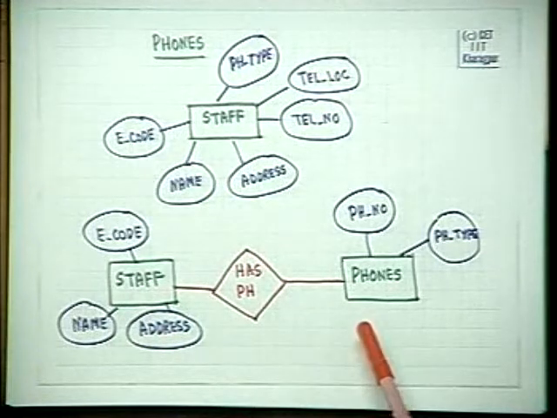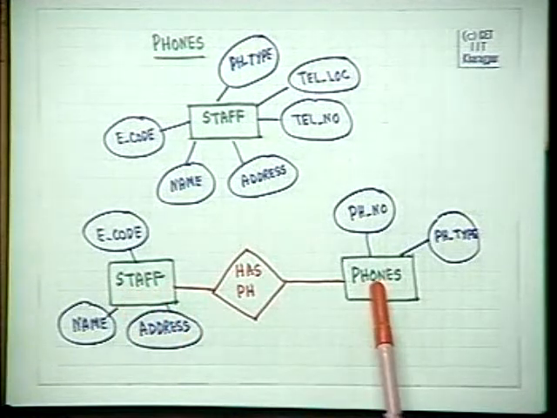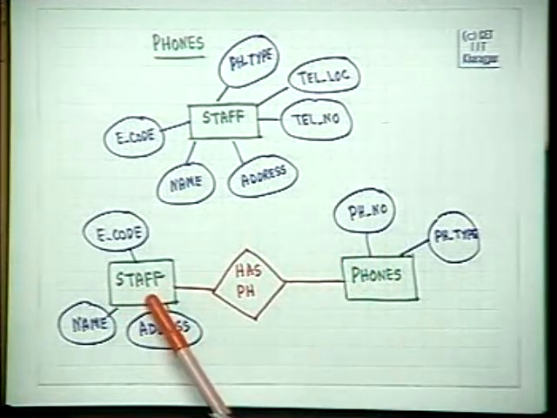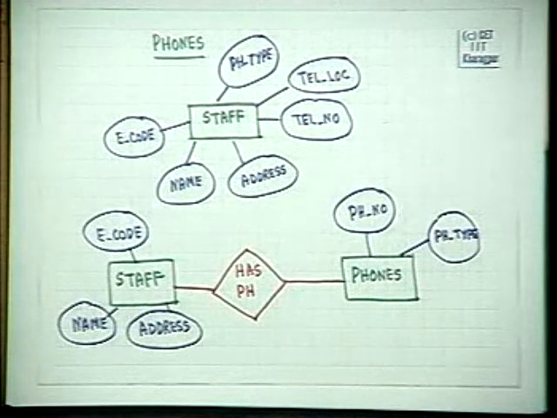Whereas this one says every staff member need not have a phone and every phone need not be allocated to a staff member. There may be a phone in the library.